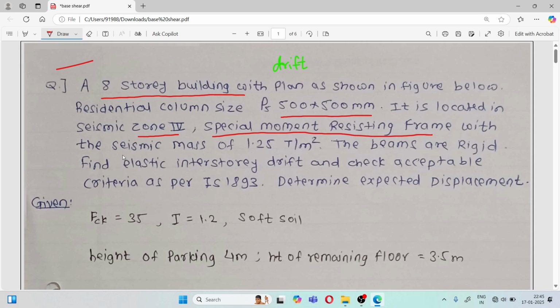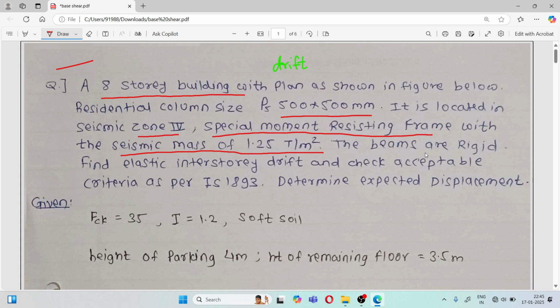Here the seismic mass is given as 1.25 ton per meter square. So basically, we are not wasting our time in calculating the seismic mass step by step, so you can focus more on the displacement and drift calculations.